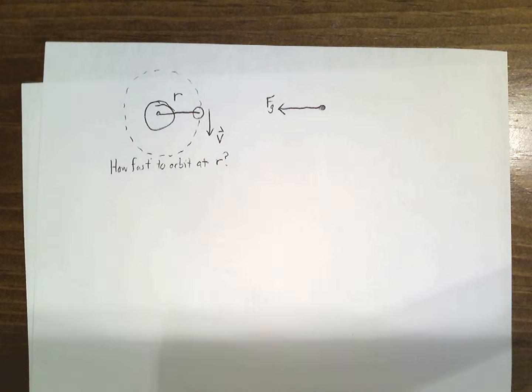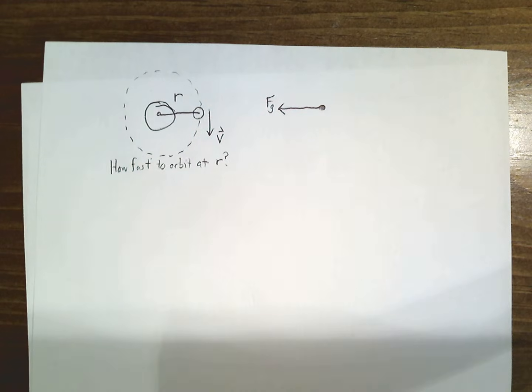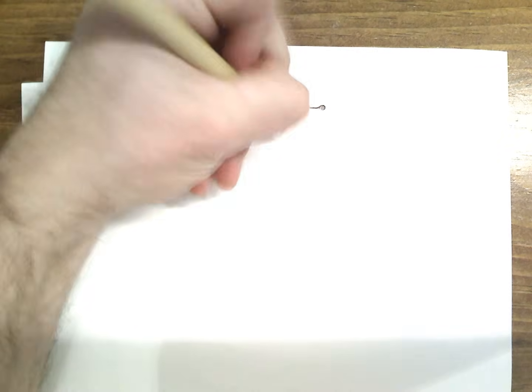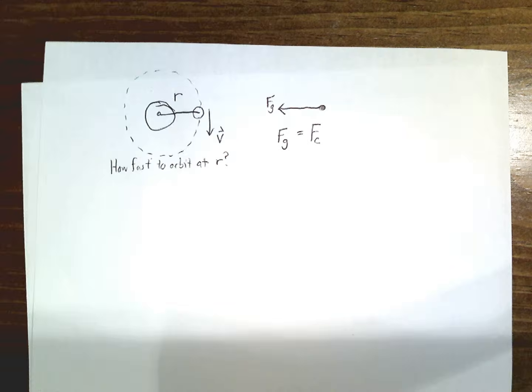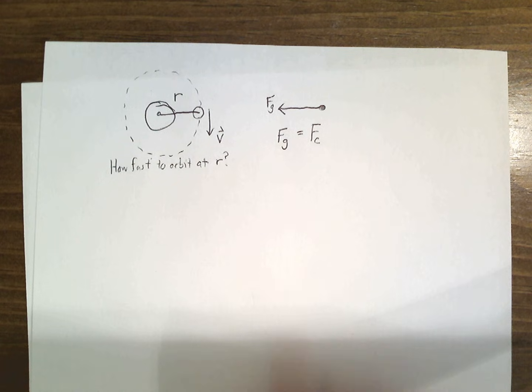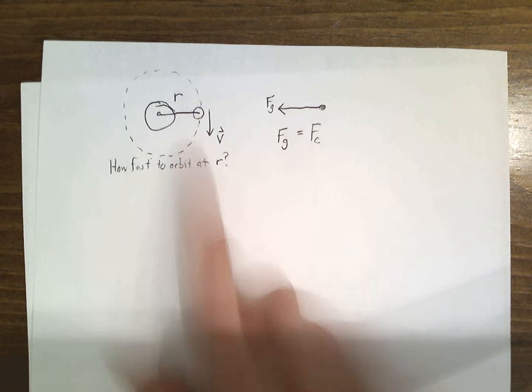And I'm done. That's the only force acting on the object. That means because we're moving in a circle, the net force is what we call the centripetal force. So here, the force of gravity is equal to the centripetal force that pulls it around in a circle. In other words, this object moves in a circle because gravity is always pulling it in towards the other object.